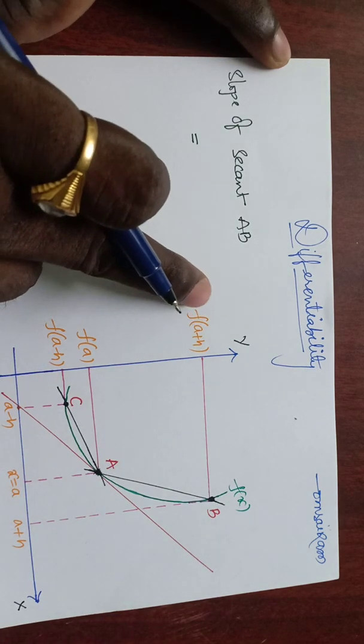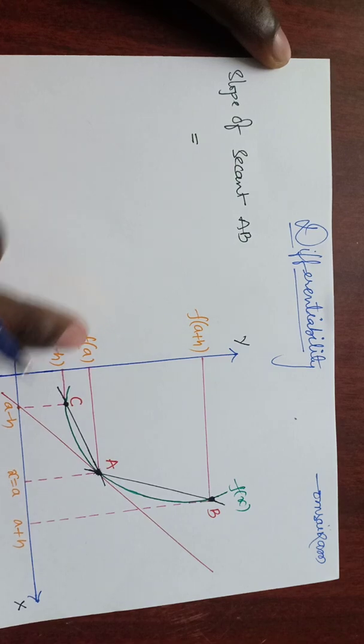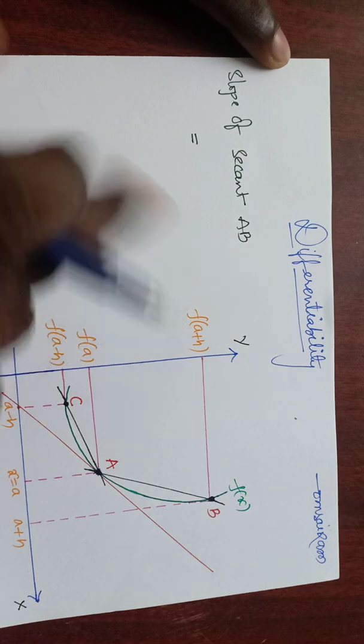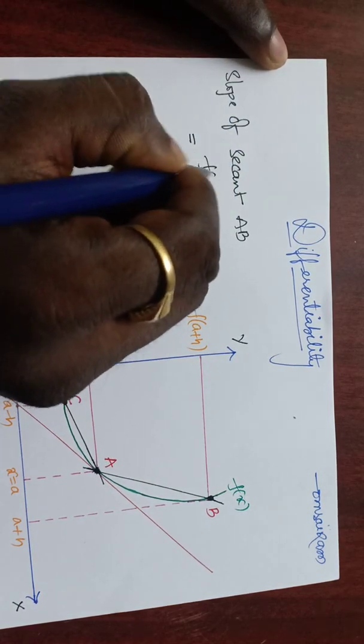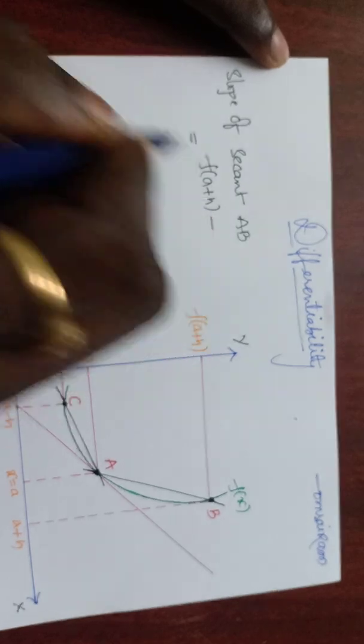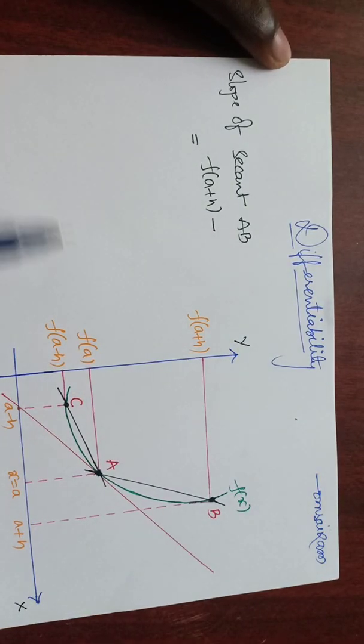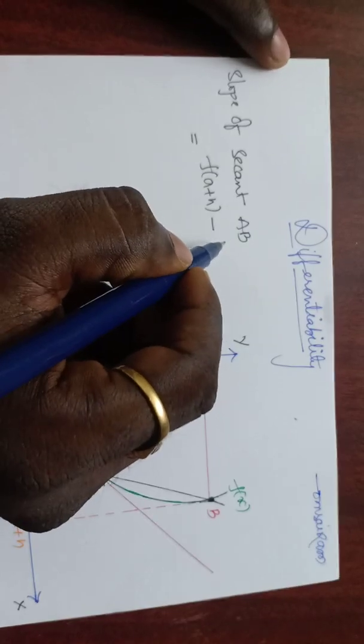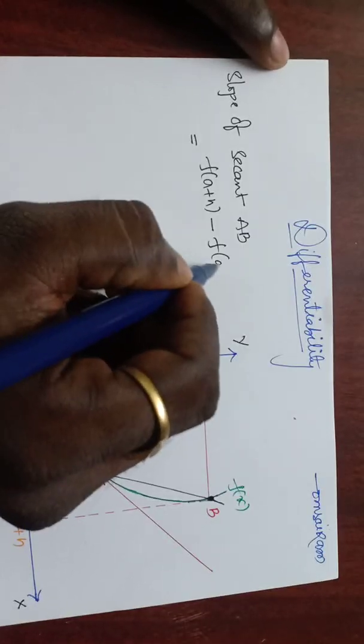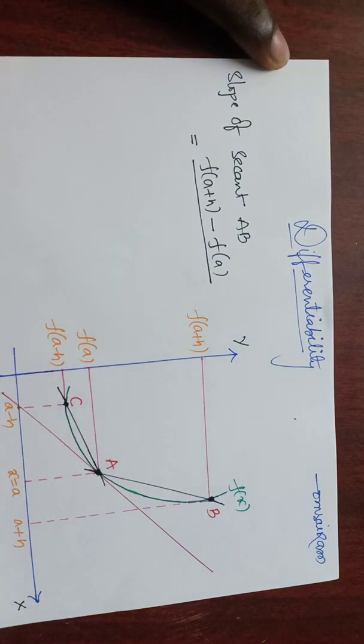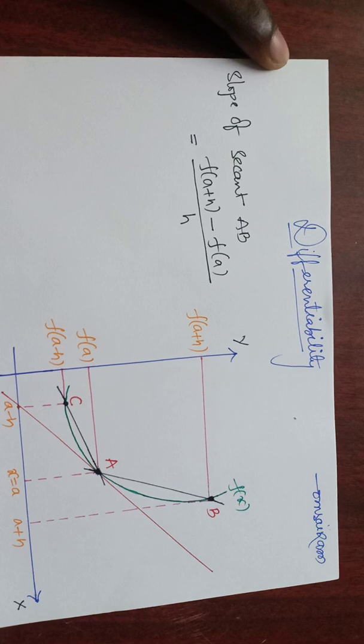So here y2 is f of a plus h, minus y1, which is f of a, divided by x2 minus x1, a plus h minus a, which is h. So the slope of the secant AB is f of a plus h minus f of a by h.